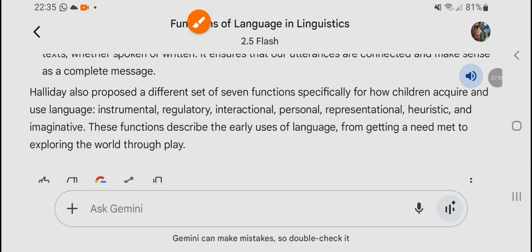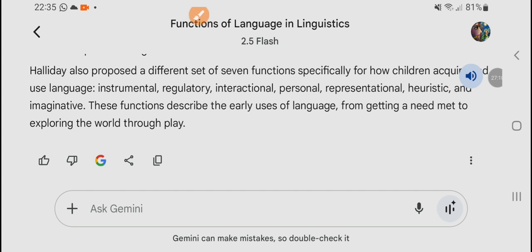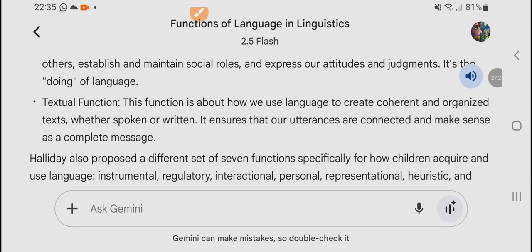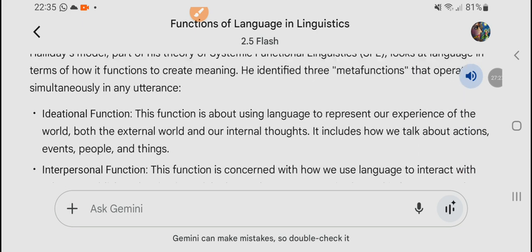So we'll discuss it later on, but for now just remember the names. These functions describe the early uses of language, from getting a need met to exploring the world through play. So more or less, Halliday talks about 3 functions.